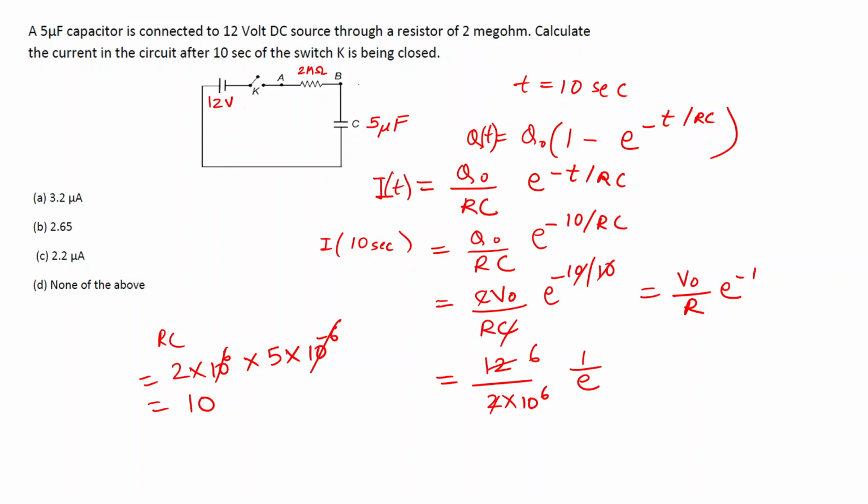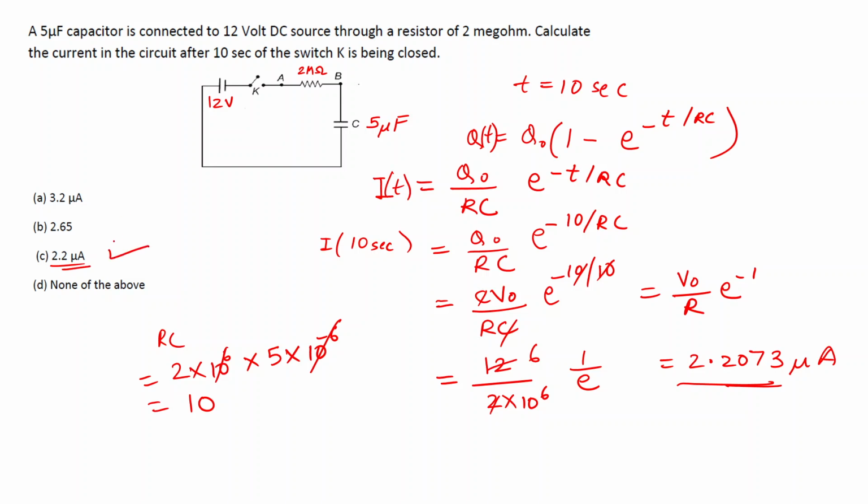It is 2.2073, and this will go in the numerator with micro, and since it's a current, the unit will be ampere. If we round off to the first decimal digit, then this will be 2.2 micro ampere.